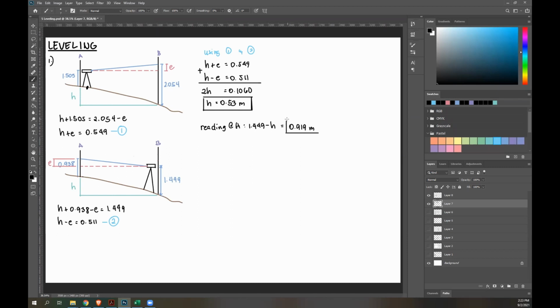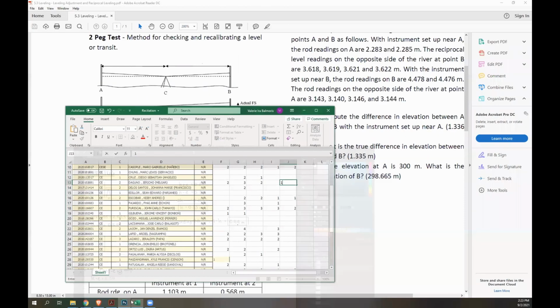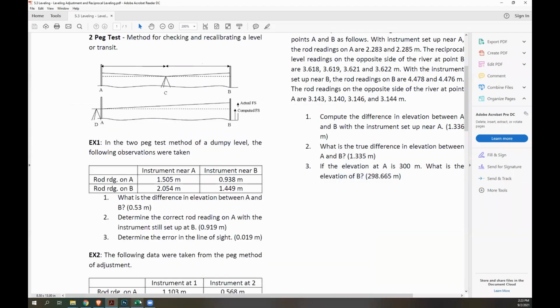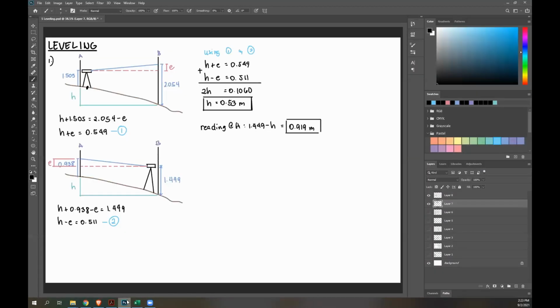And then finally, what we're looking for is the error in line of sight. To get the error, you can either use equation 1 or 2, up to you. Both will be correct. Let's say we'll use equation 1. H plus E equals 0.549.